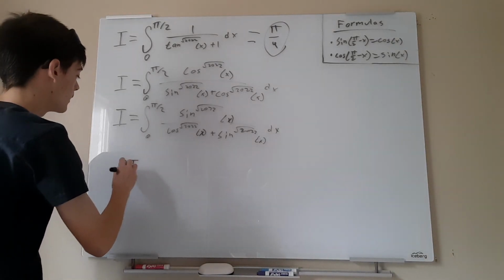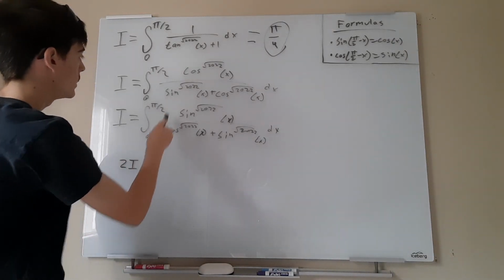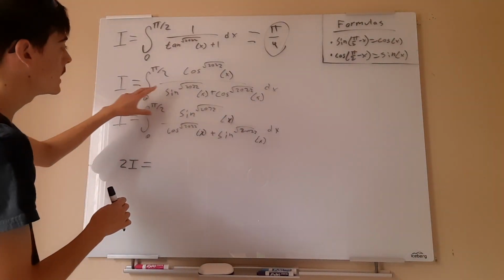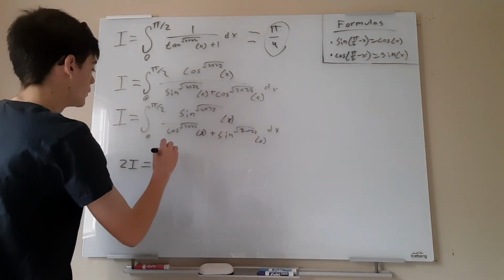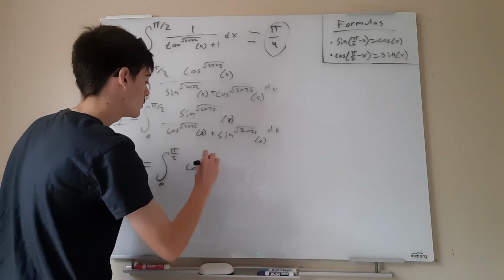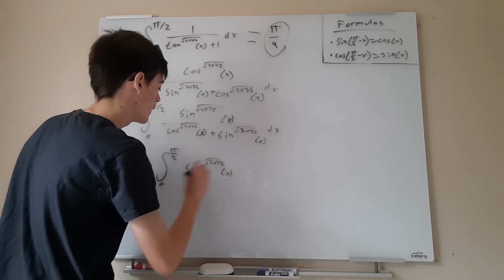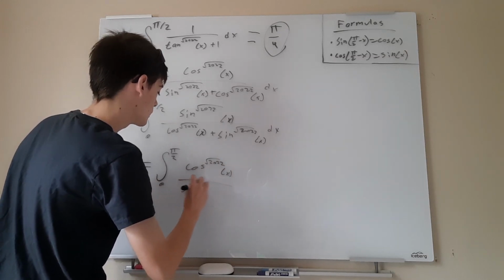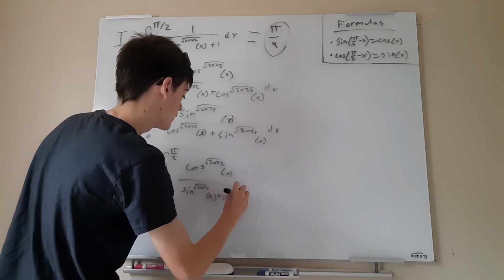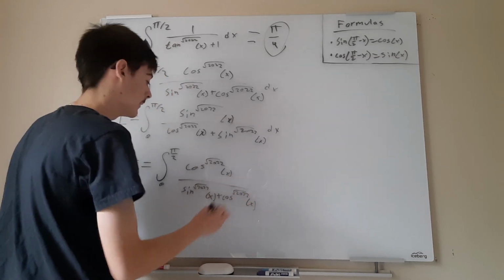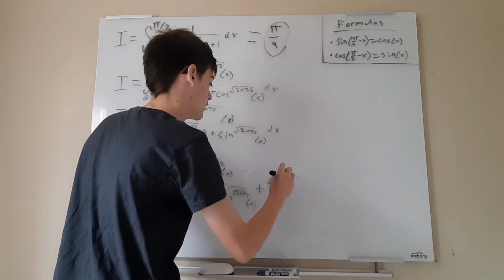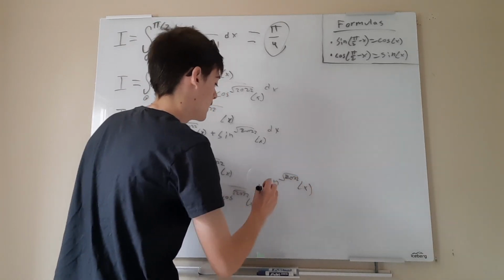So we will have 2I equals this integral plus this integral. An integral property we know is that when adding integrals with the same bounds, we just add the inner terms. So it'll be the integral from 0 to pi over 2 of cosine to the root 2022 of x over sine root 2022 x plus cosine root 2022 of x, all of that added to sine of root 2022 of x over the same denominator.